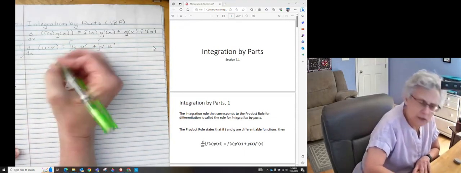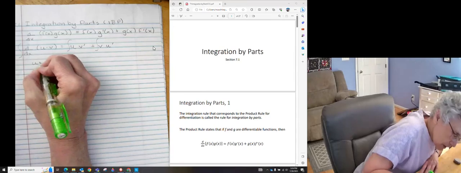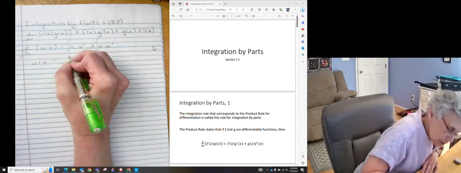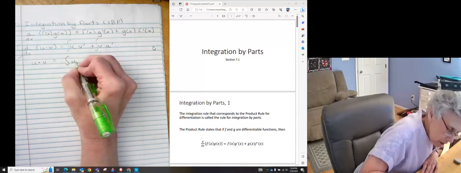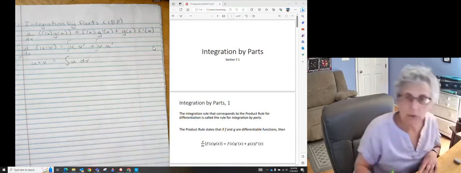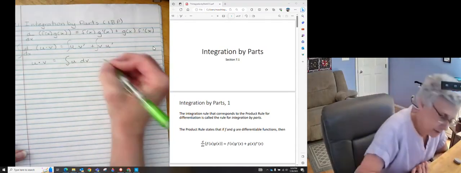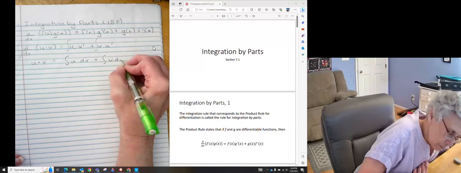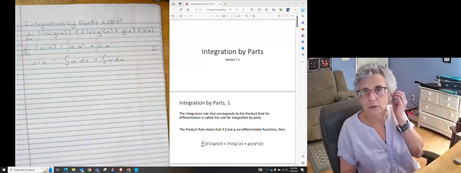So the integral of a derivative would just be u times v, which is equal to the integral of u times v prime, which I'm going to call dv, plus the integral of v du.